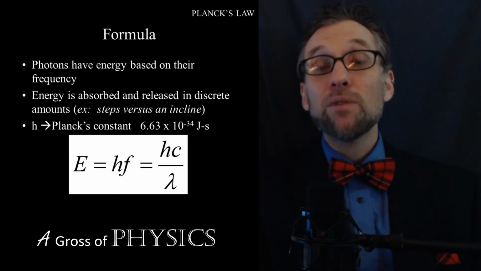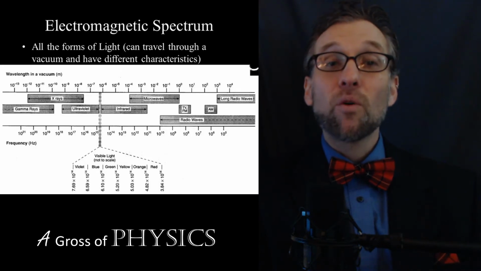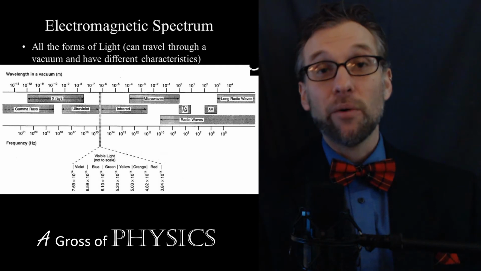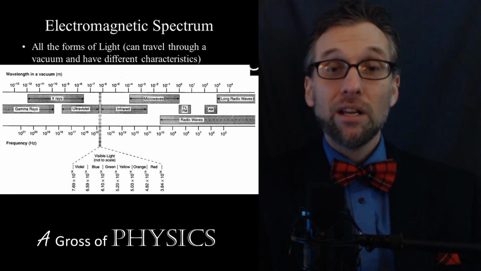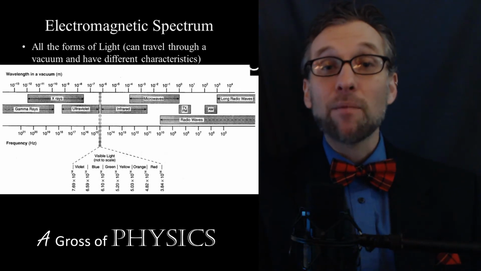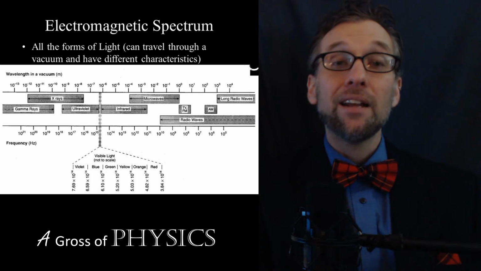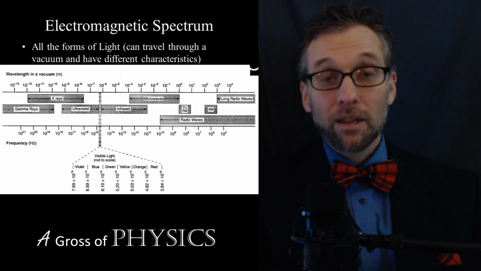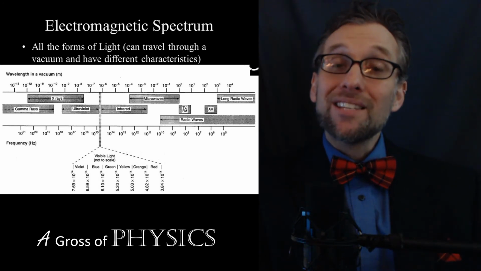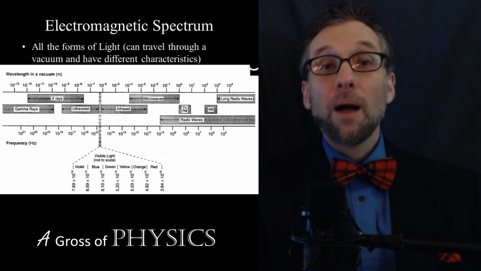It means that high frequency light waves exert more energy than low frequency light waves. So higher energy is exhibited in higher frequencies. For example, gamma radiation has a much higher amount of energy than visible light, let's say. Now, that being said, the wavelength is indirectly related to the energy.